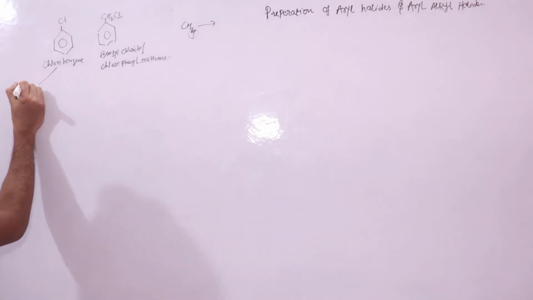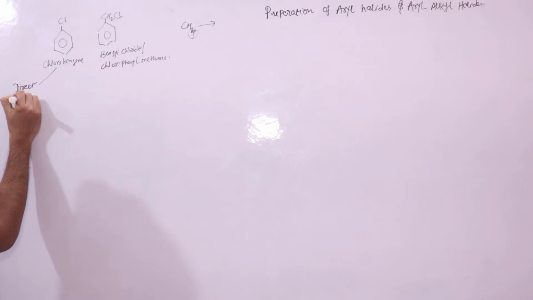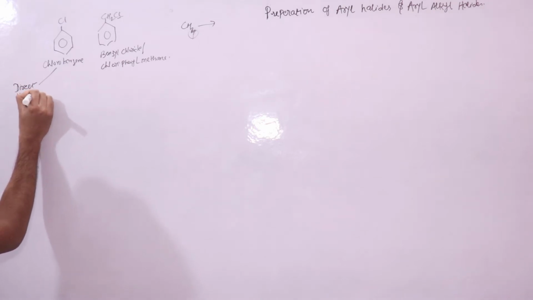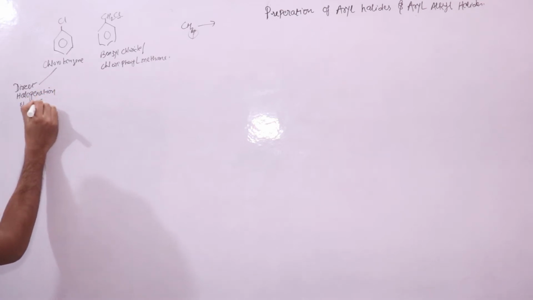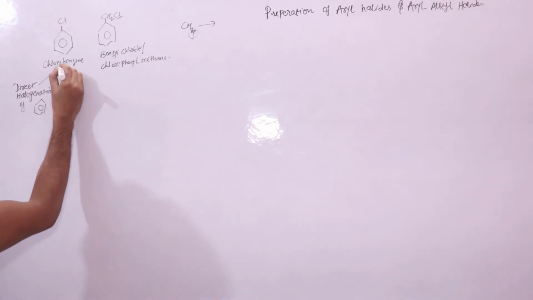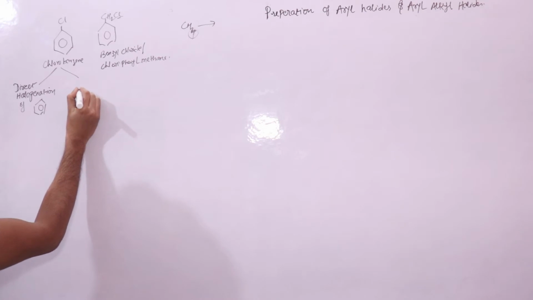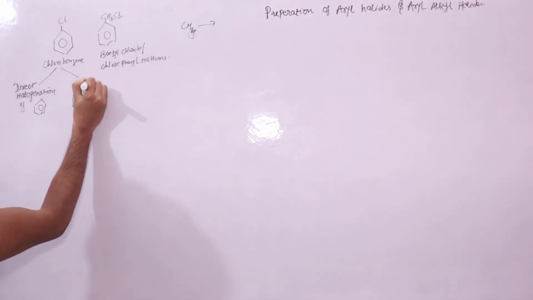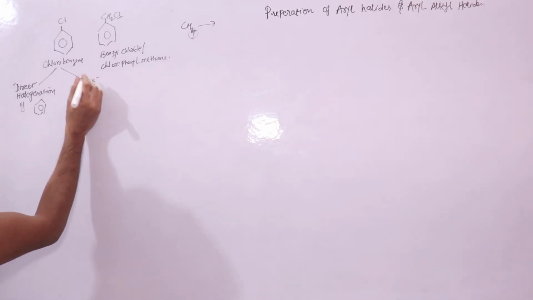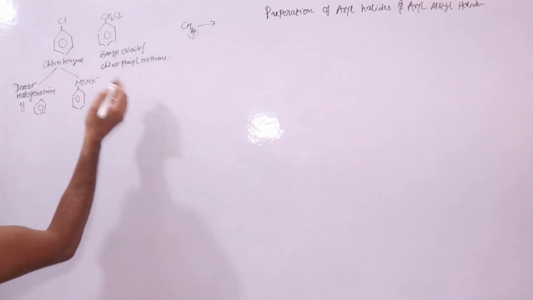We'll look into direct halogenation of benzene, or we'll prepare it from benzene diazonium chloride, right? X stands for any halogen: chlorine, bromine, fluorine.